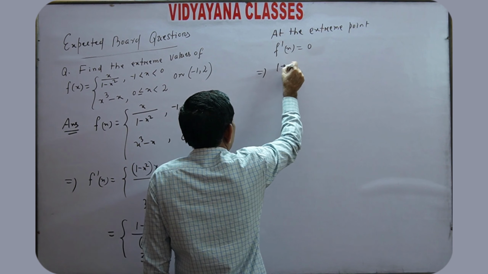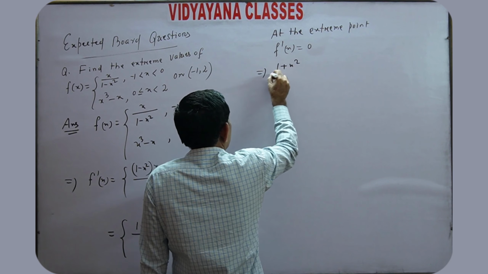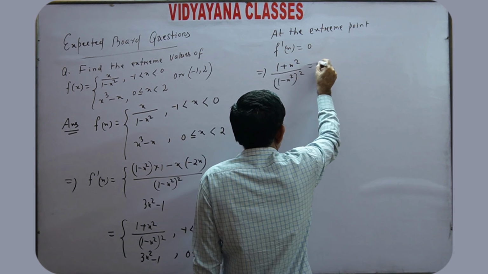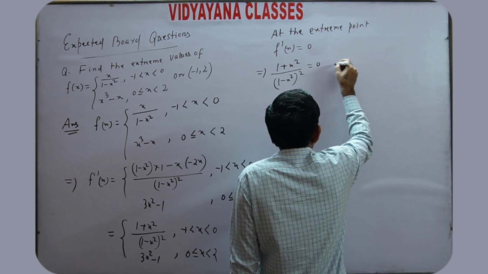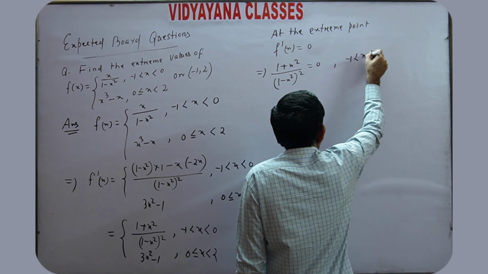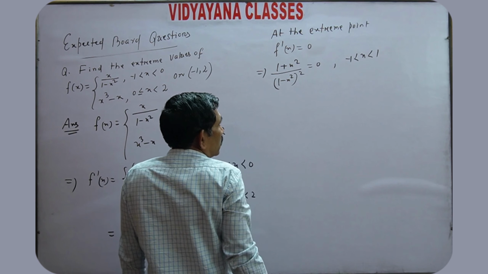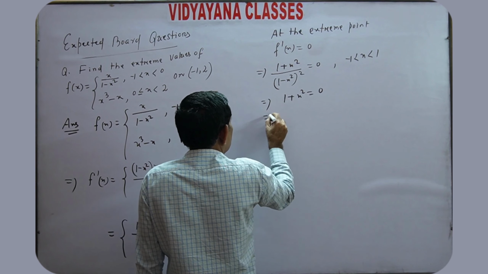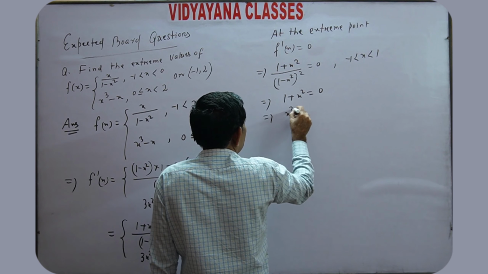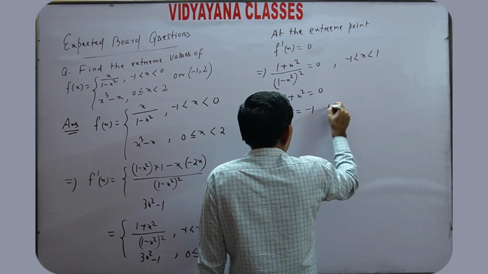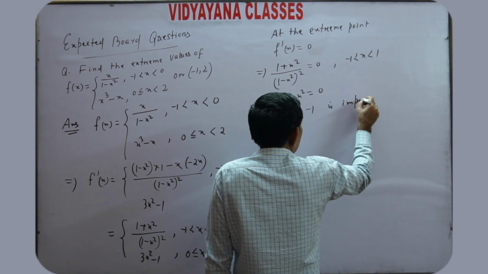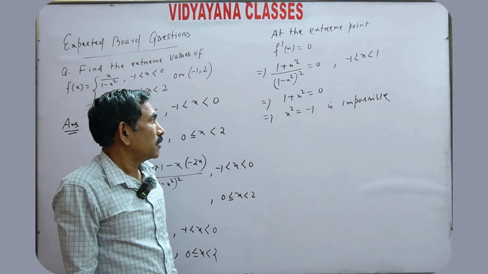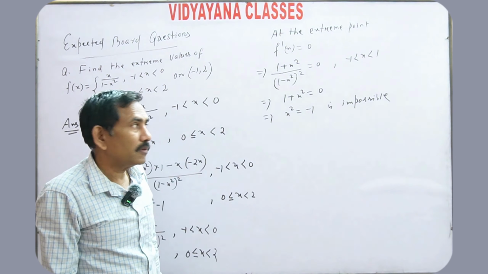Which implies 1 plus x square divided by square of 1 minus x square equal to 0 when x is greater than minus 1 and less than 1. Clear? Which implies 1 plus x square is equal to 0, which implies x square is equal to minus 1. Is impossible. Clear? Okay.